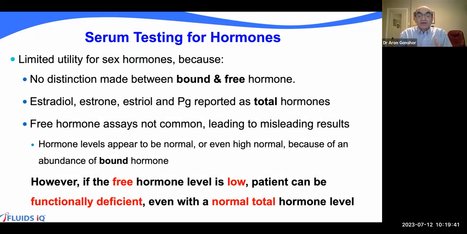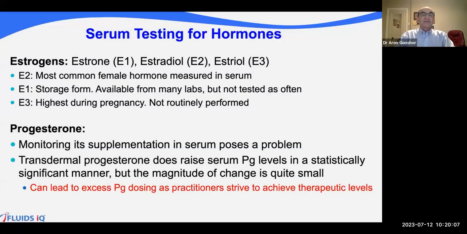The hormone levels can appear normal, even high normal, because of an abundance of the bound hormone. However, if the free hormone level is low, the patient can functionally be deficient because they're not able to get enough free hormone, even though it looks normal because most of the hormone is bound up. So you need to be very careful with that.